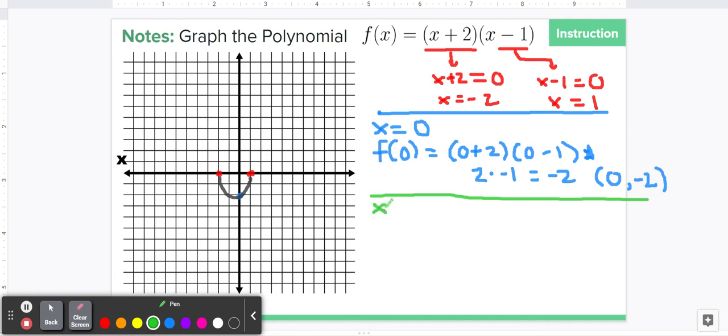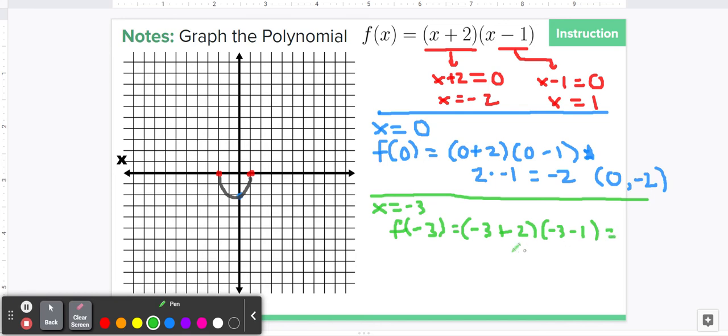So at x equals negative 3, f of negative 3 equals negative 3 plus 2 times negative 3 minus 1.